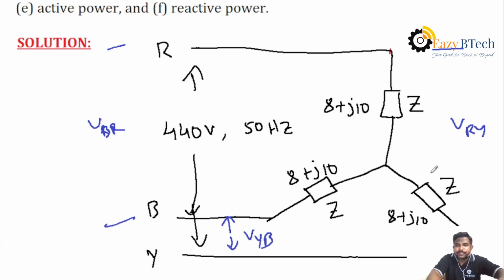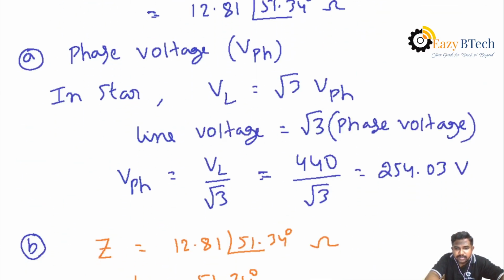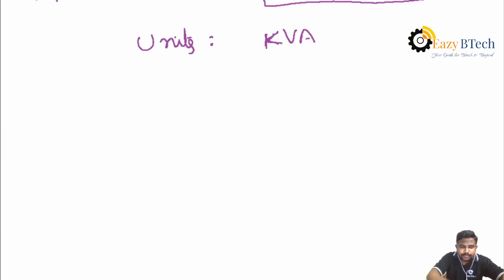For example, what is the phase voltage here? The value of phase voltage is nothing but 254 volts. We found this in this problem. That means by default, initially VRY, or suppose line voltage also, that is 440 volts, for example.